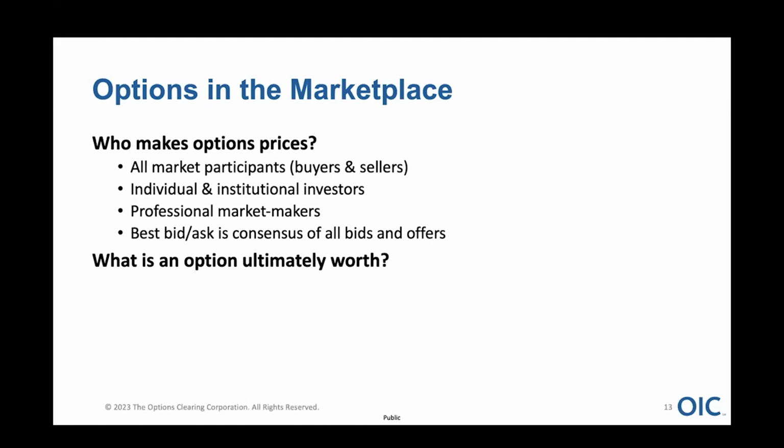It could be individual investors such as yourselves. It could be institutional investors such as banks, pension funds, hedge funds. It could be professional market makers like I used to be, somebody who's making a two-sided market and trying to capture a bid-ask spread. The market that you see is called the NBBO, or National Best Bid, Best Offer, and it's the consensus of all the best bids and offers.